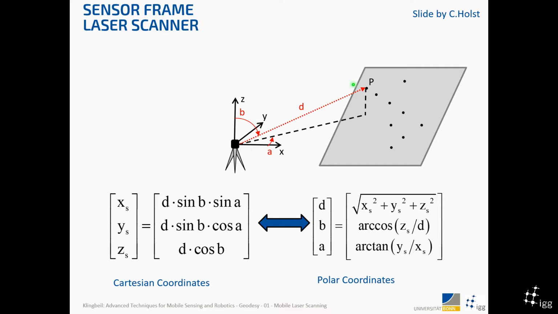The actual observation is a distance, then you have those two angles, and from those you can generate the point in the coordinate system of the laser scanner. You can do the calculation the other way around if you want, but this is usually what is done, because our sensor gives us D, A and B, and so we can calculate x, y, z, the object point in the sensor coordinate system.